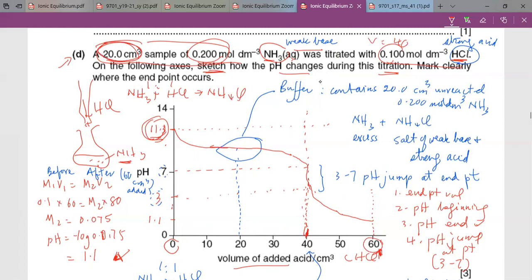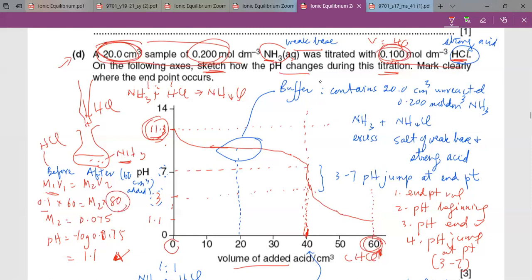Before the ammonia was mixed, this is the HCl by the way. Before it reacts with ammonia, this is the number of moles, and after, this is the number of moles. So 0.1, which is the molarity here, times the initial volume, which is 60. And after reacting with the ammonia, the total volume is 80.